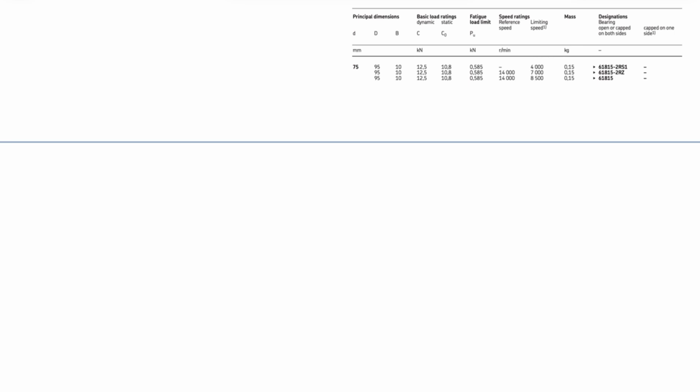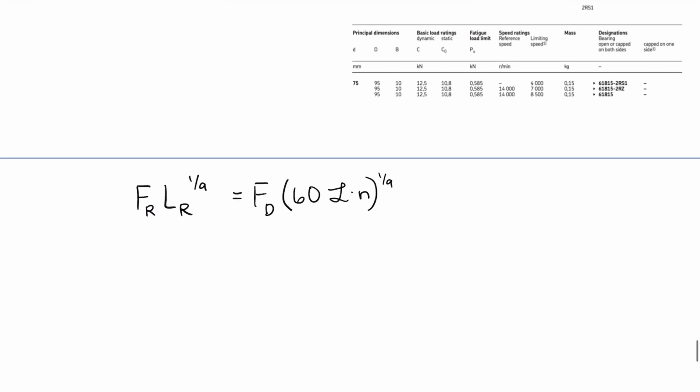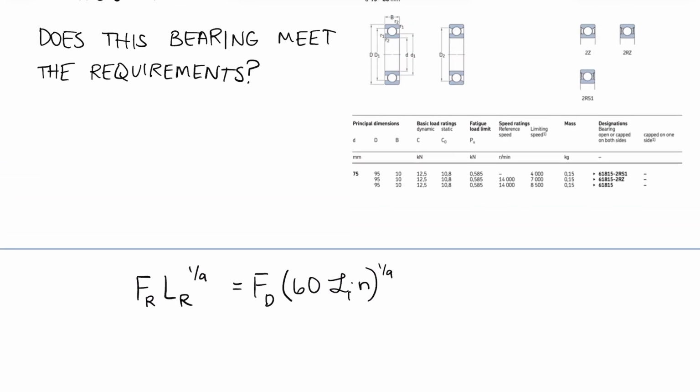Now on the rated side, I'm going to use FR times LR to the 1 over A power. This was the first form of the equation that we saw. And then on the desired life side, I'm actually going to go ahead and use the conversion into life in hours and speed in RPM, because that is what we are given for our desired life and our desired speed.